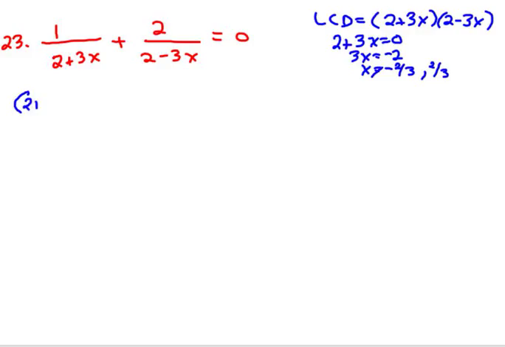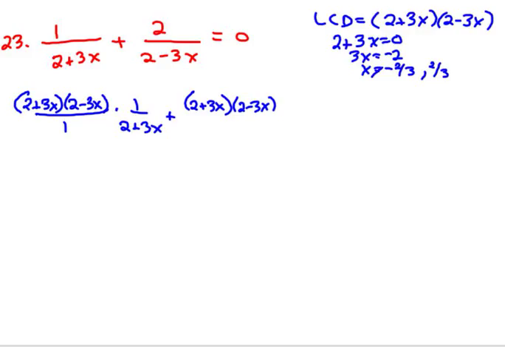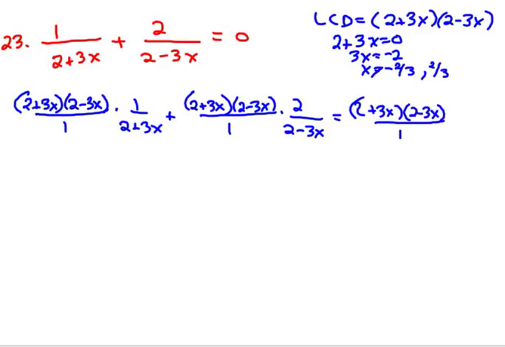So 2 plus 3x times 2 minus 3x over 1 times 1 over 2 plus 3x plus 2 plus 3x times 2 minus 3x, the LCD over 1 times 2 over 2 minus 3x equals 2 plus 3x times 2 minus 3x over 1, again that's the LCD, times 0.